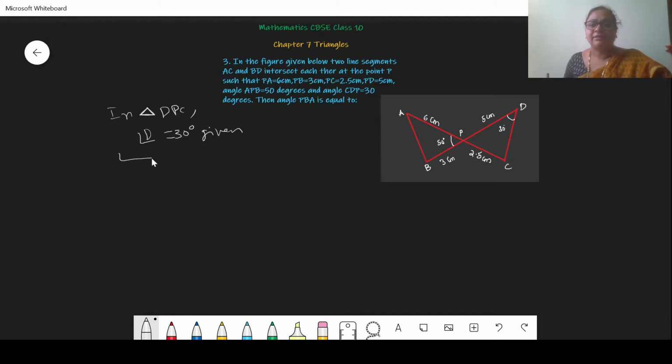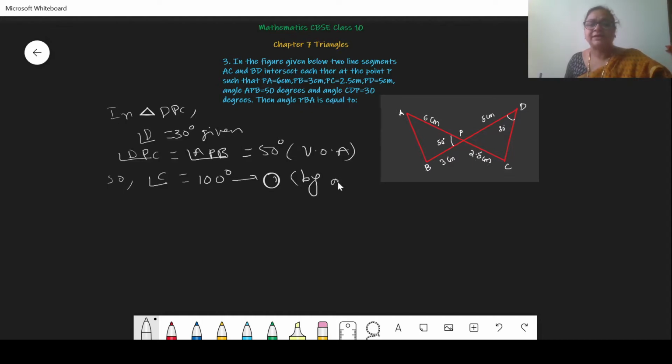Angle DPC is equal to angle APB, that is equal to 50 degrees, vertically opposite angles. So angle C is equal to 100 degrees by angle sum property.